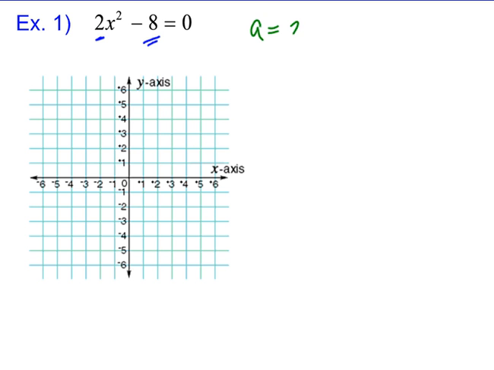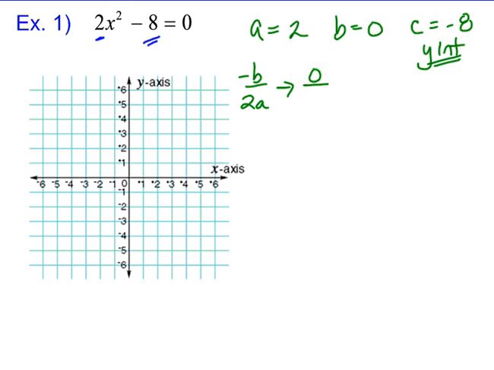Now, having guessed all this by looking at characteristics, let's see if we can prove it. We know that a equals 2. There is no b. And c equals -8, which we know to be the y-intercept, the constant. Now, the formula for finding the axis of symmetry is take the opposite of b and divide it by 2a. The opposite of 0 is 0, and 2 times 2 is 4, but 0 divided by 4 is still 0. So we know our axis of symmetry is at 0. If we put that axis of symmetry down here in the center, so far we're doing good.